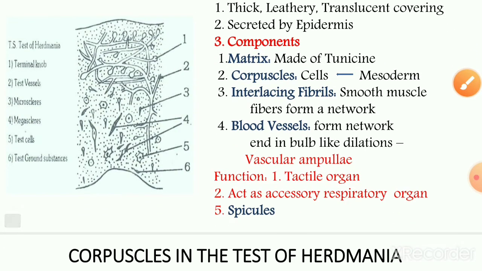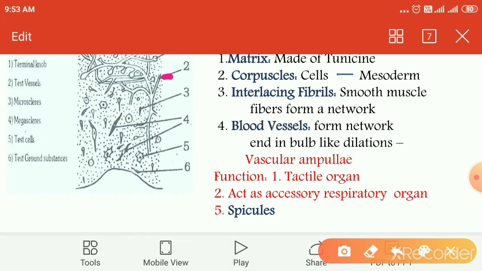The functions of these vascular ampullae are: number one, they act as tactile organs, means they sense touch. Second, they also act as accessory respiratory organs, means they also help in respiration.